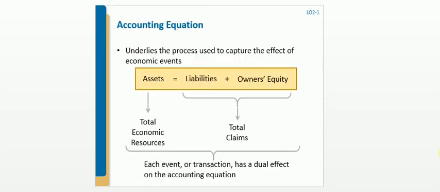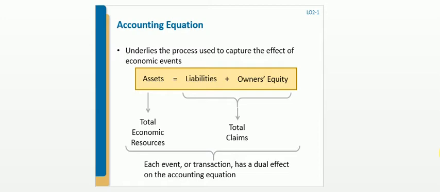Accounting equation, right? The accounting equation underlies the process used to capture the effect of economic events. You might have been told so many times in class that the accounting equation portrays the equality between the total economic resources of an entity, its assets, shown on the left side of the equation, and the total claims against the entity, liabilities and owners' equity, shown on the right side.